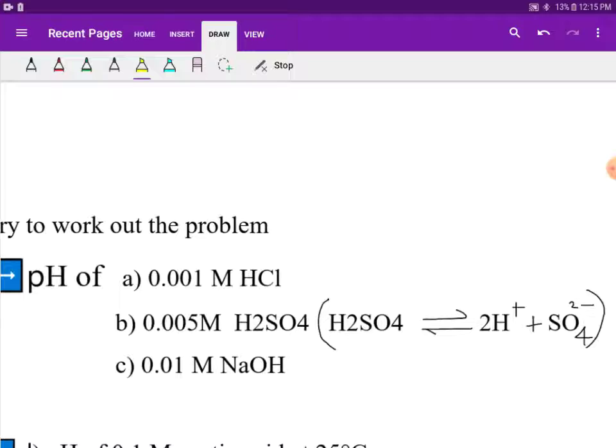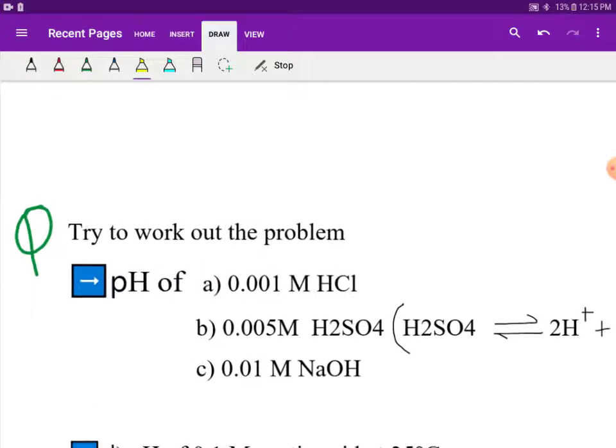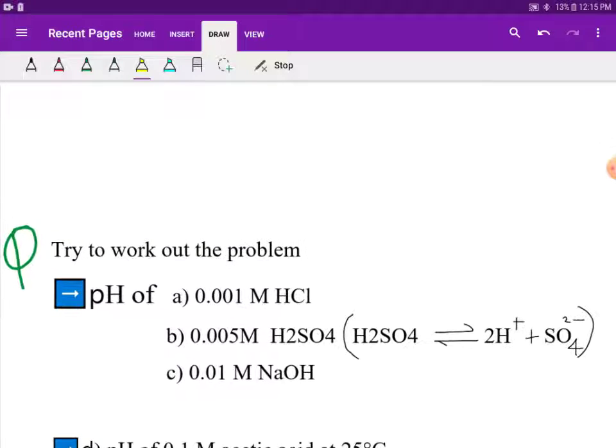Then please try to work out some problems in connection with pH. You have to calculate the pH of 0.001 molar HCl, and 0.005 molar sulfuric acid. Look at the equation: H2SO4 gives 2H plus and SO4 2 minus, remember.